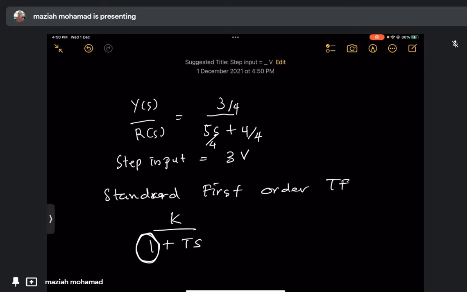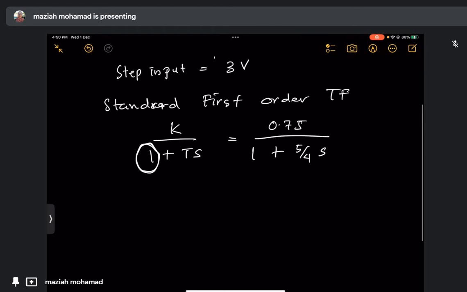That's why we divide by 4. By dividing by 4, this will become 0.75 over 1 plus 5/4 s. So we know the time constant is equal to 5 over 4, which is 1.25, and K is equal to 0.75.